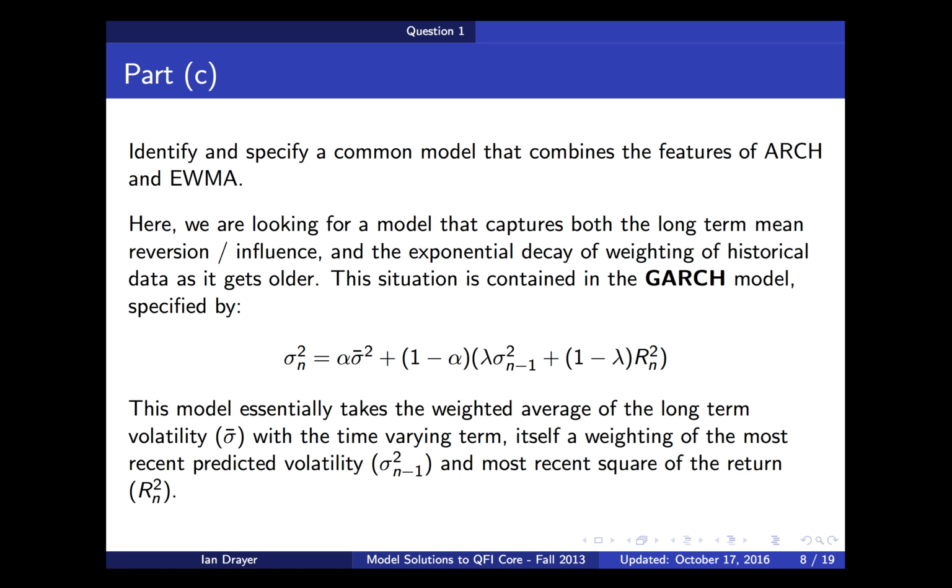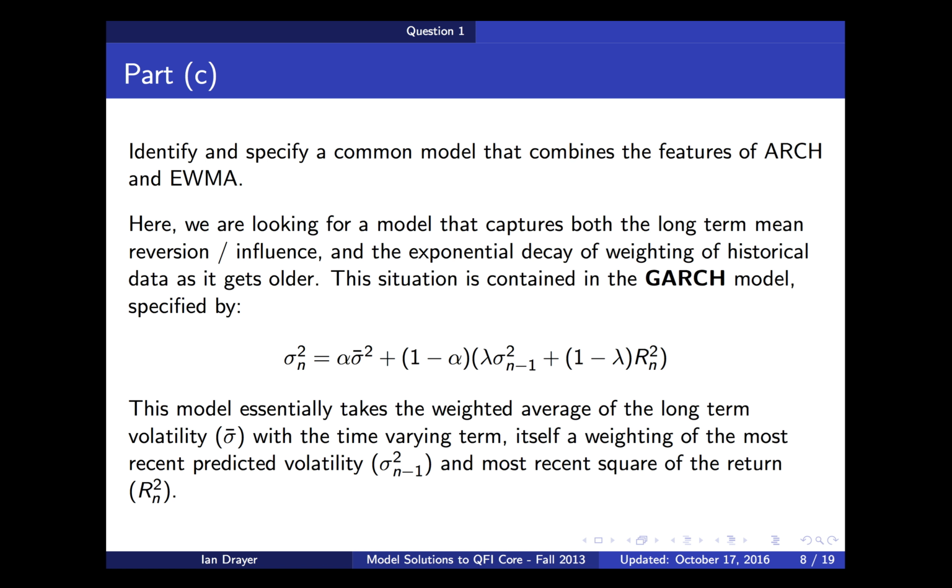In Part C, we're asked to identify a common model that combines the features of both ARCH and EWMA. Here, we find the GARCH model, a generalized autoregressive conditional heteroscedasticity model.